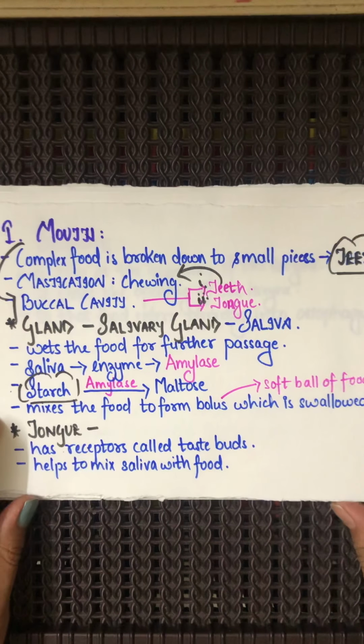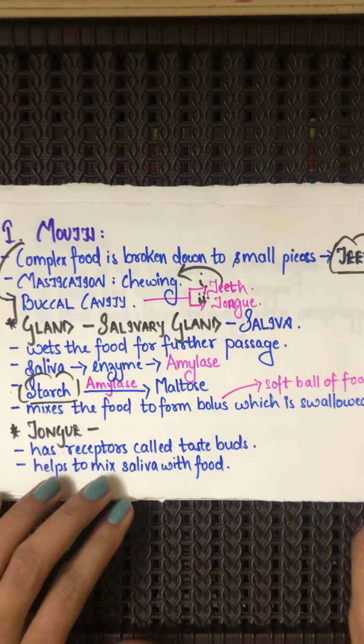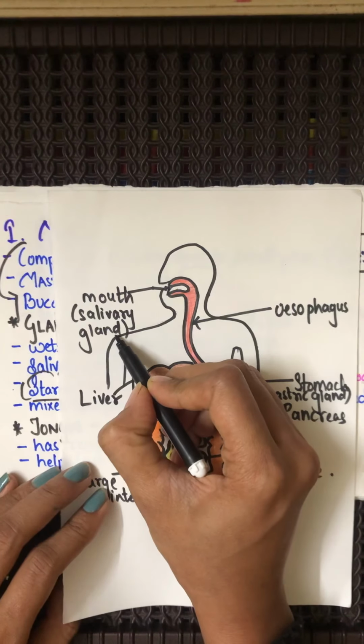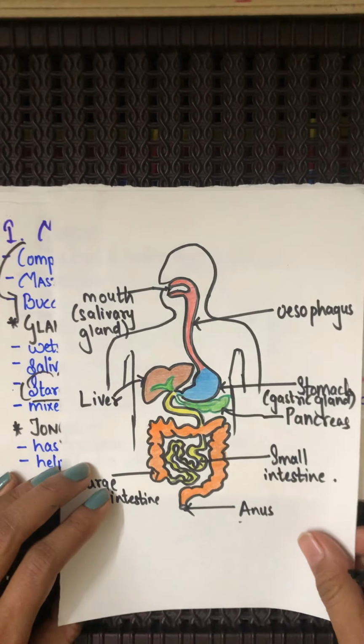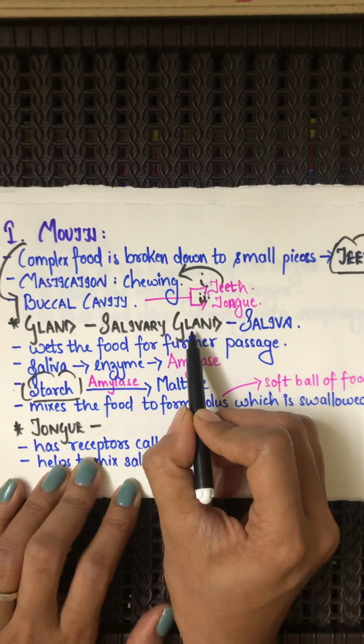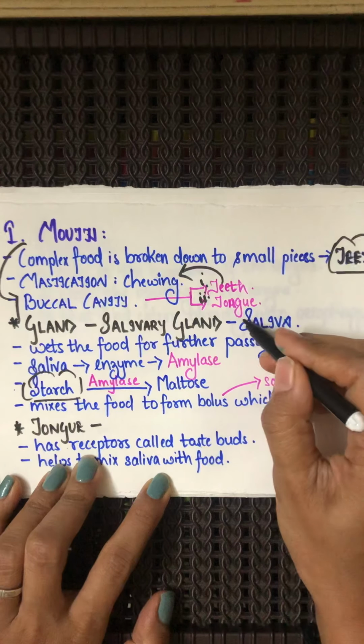Now, talking about the mouth, as we have seen over here, the mouth also possesses a gland. Which gland? Yes, salivary glands. Now talking about this very important gland, what does it do?